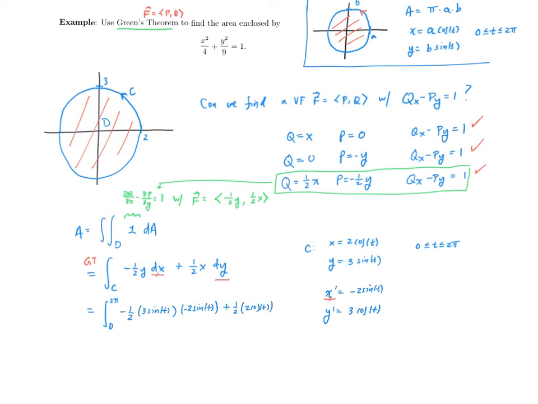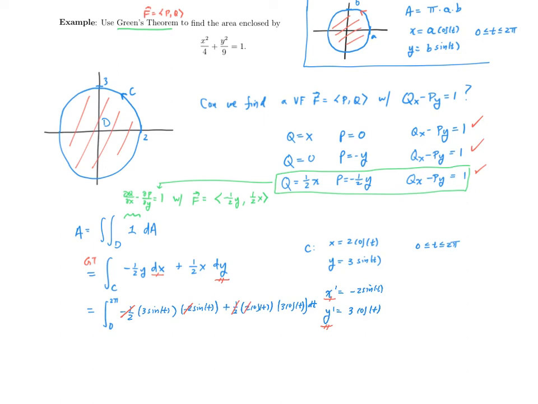And the dy becomes the y prime, so 3 cosine t. And if we go ahead and do a couple quick simplifications, note the minus 1/2 and the minus 2 cancel each other.